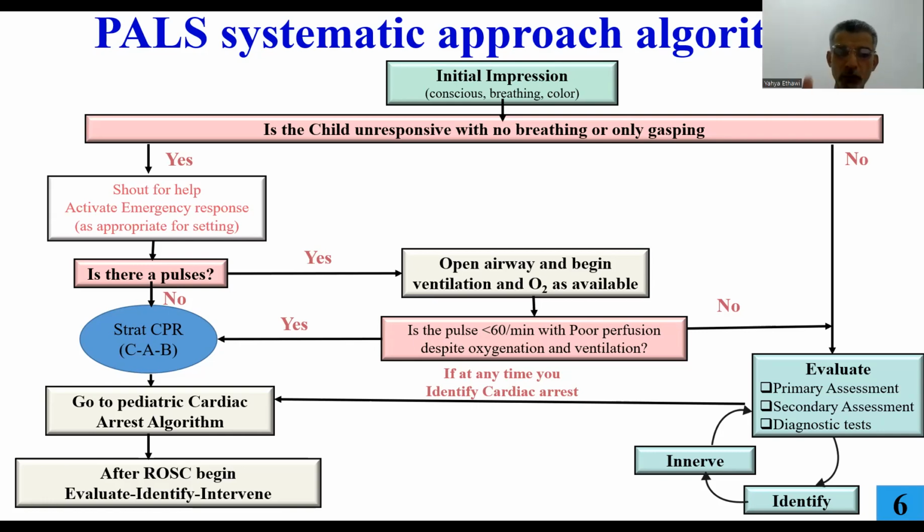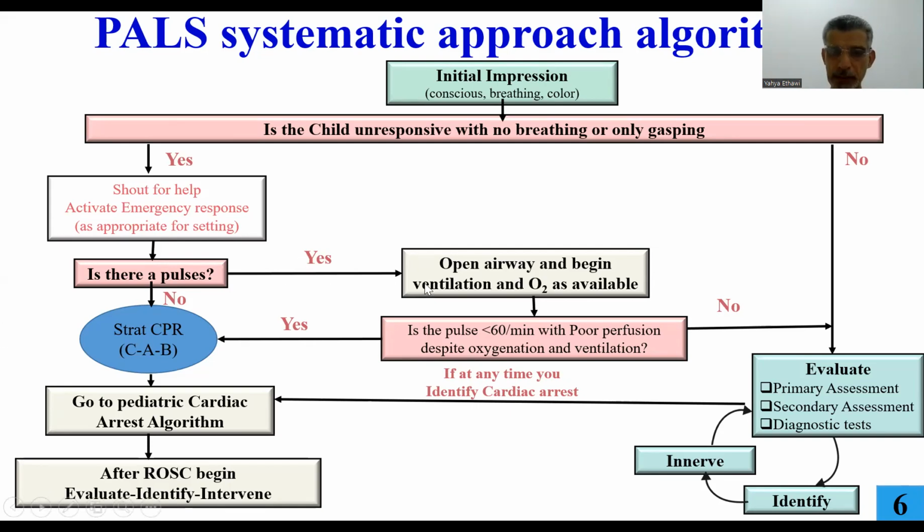If there is no pulse, you go right away to the cardiac arrest algorithm, and you continue that until you regain consciousness. Once you regain consciousness, you activate the cycle of evaluate, identify, intervene.